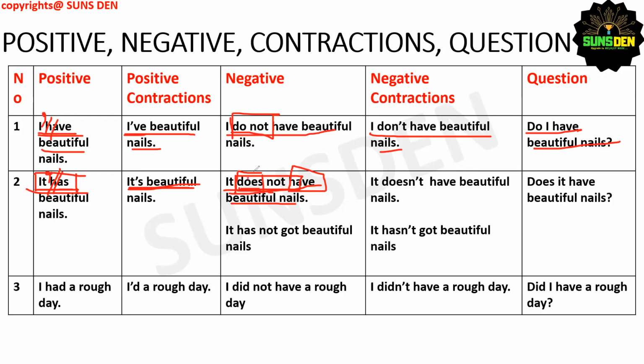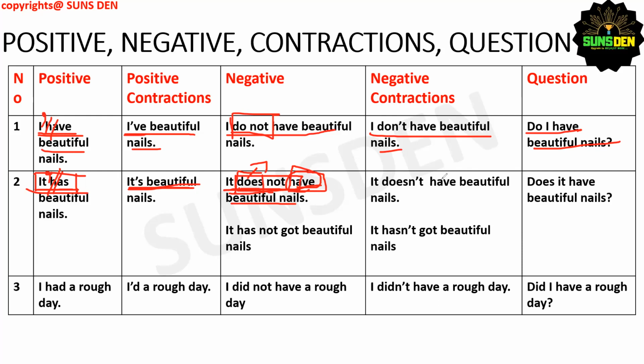Now, just because this is present, third person singular, here again, we are not using third person singular has. Rather, we have to use have. There can be only one verb that could represent the tense. So here: it does not have beautiful nails.